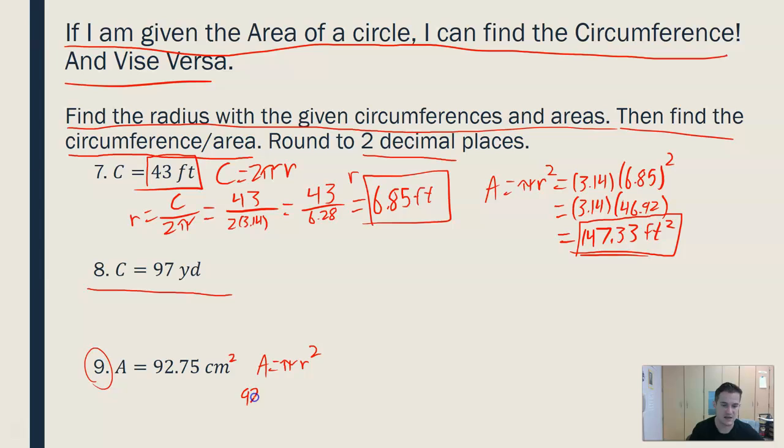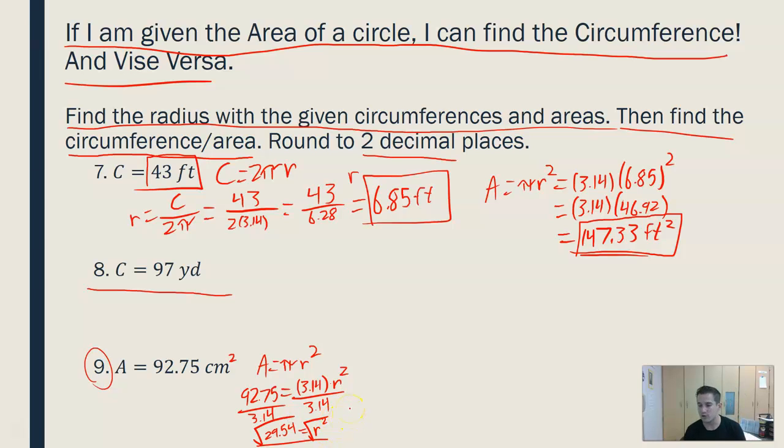Area was 92.75, which is equal to pi, 3.14, times r squared. To get r by itself, I better divide by 3.14 on both sides. And I'll get r squared equals 92.75 divided by 3.14, which is 29.54.